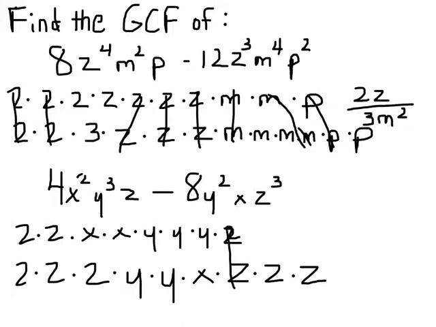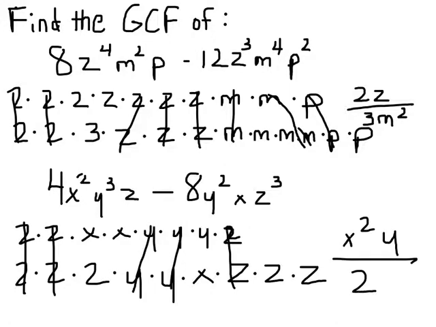Okay, let's start cross-canceling. So what do we have left? On top we have x, we have 2 of those, and a y, and on the bottom we have a 2, an x, and z squared, and that's our greatest common factor. Let's go to our practice problems.